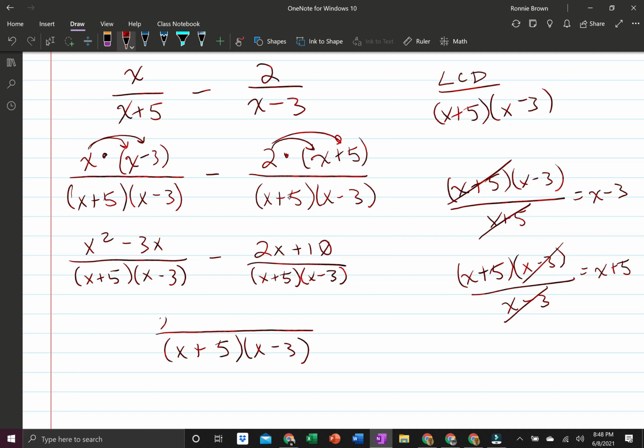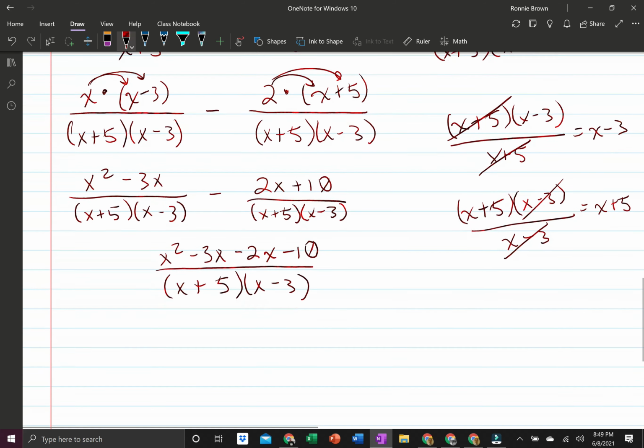So x squared minus 3x, and when we subtract, remember, for polynomials, when subtracting polynomials, we can think of this as a -1 and multiply -1 times 2x and times positive 10, or know that that minus sign changes the 2x to its opposite and the positive 10 to its opposite. However you think about it, it'll still get you a -2x and a -10.